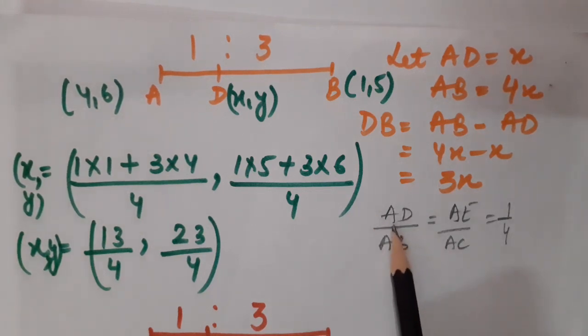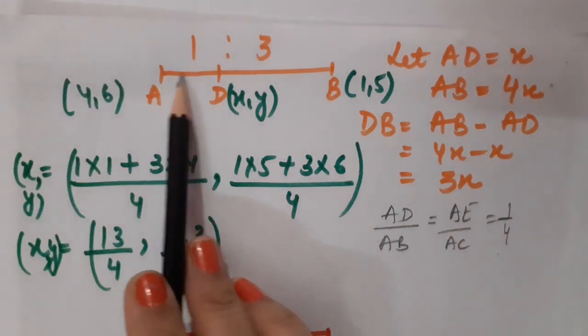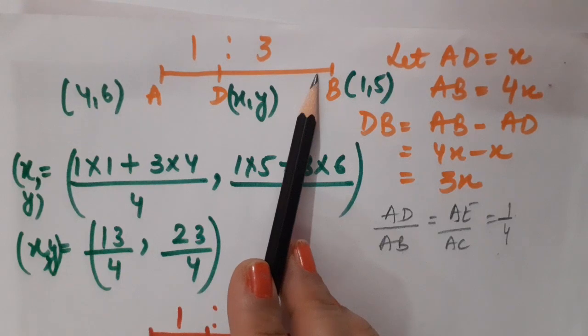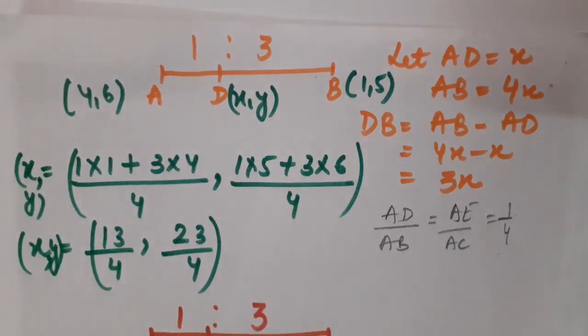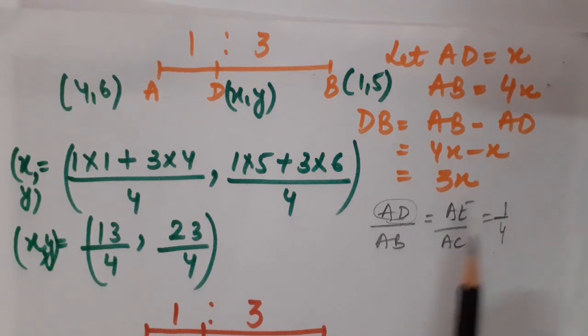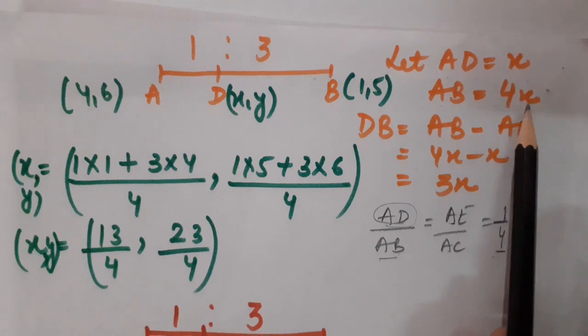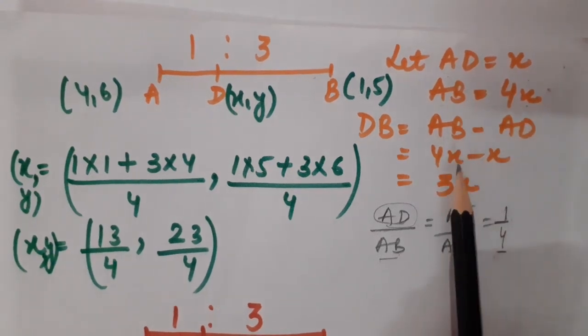You have this relation given, that is AD/AB = AE/AC = 1/4. So children, I have drawn here the line segment AB. Let AD be x and AB be 4x. So how could we calculate DB?